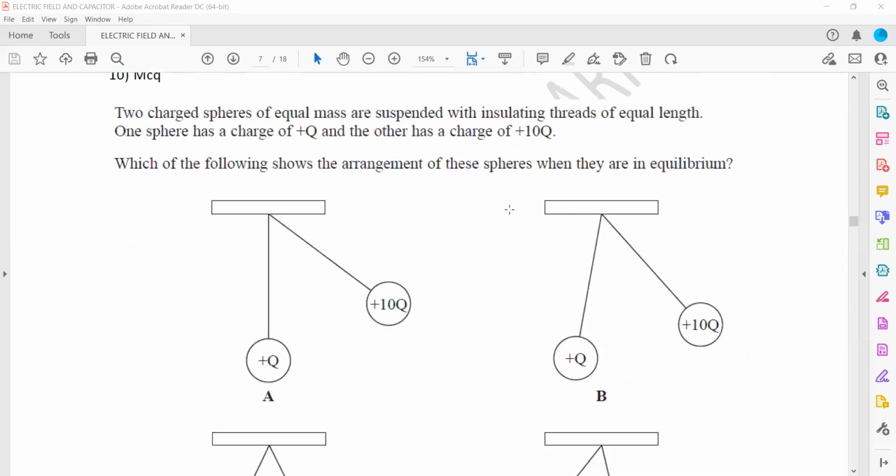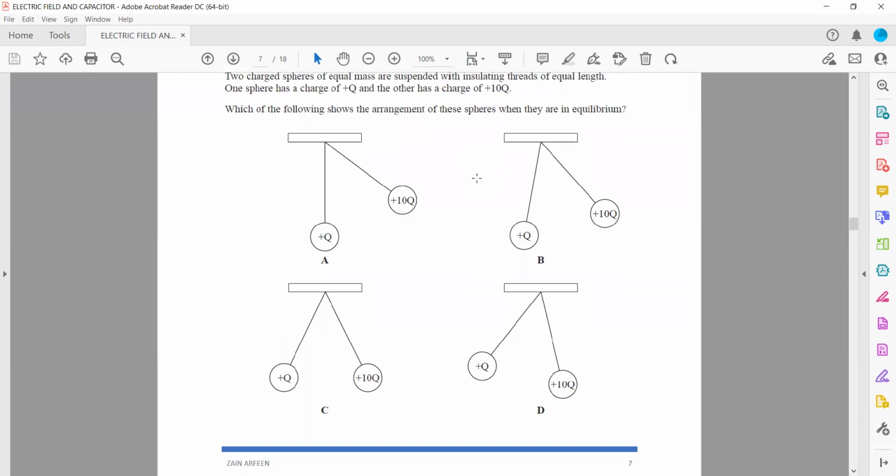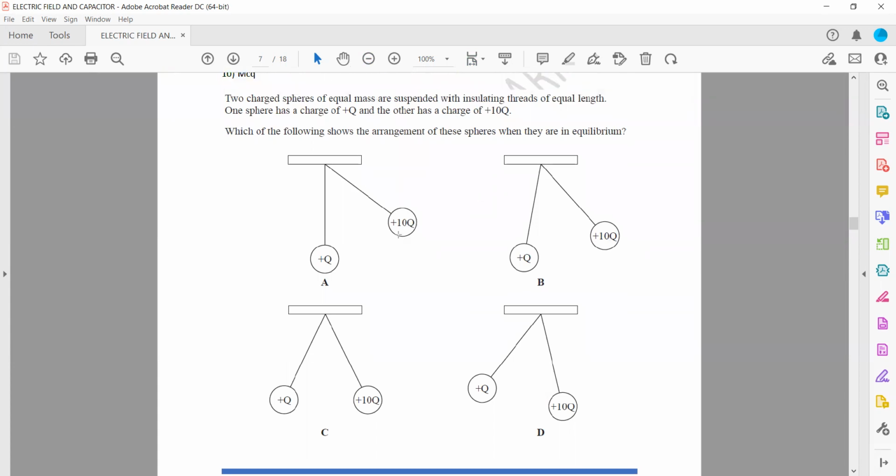In question 10, two charged spheres have equal mass and hang on insulating threads of equal length. One sphere has a charge Q, the other 10Q. Look, according to Coulomb's law, if a 10 newton force is applied on charge 1, the same 10 newton force will be applied on charge 2.